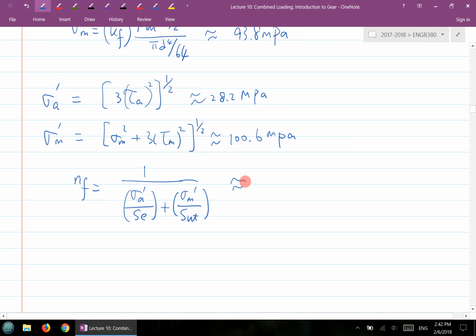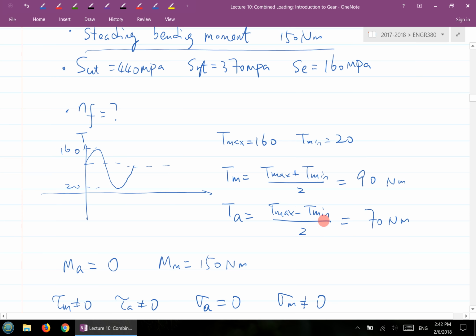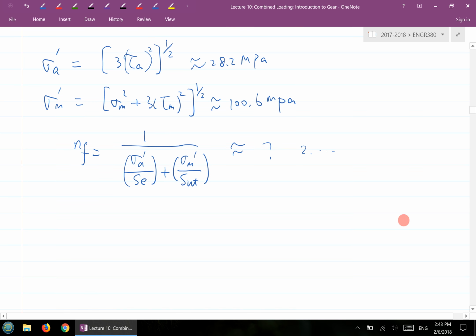I don't have numbers for this one here, so you can try plugging all the numbers in. Se is given, right? Se is 160 megapascals, all given here. So it's probably 2 point something, maybe 2.6 or 2.7. This is using the modified Goodman. If you choose a different formula, then you get a different fatigue safety factor.